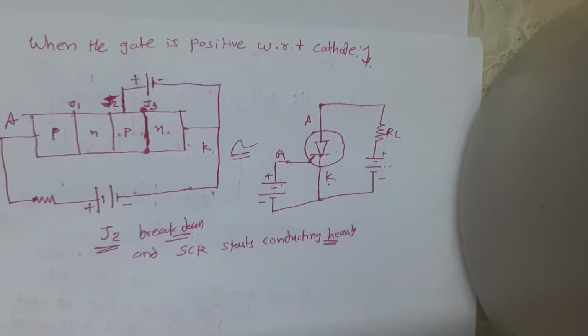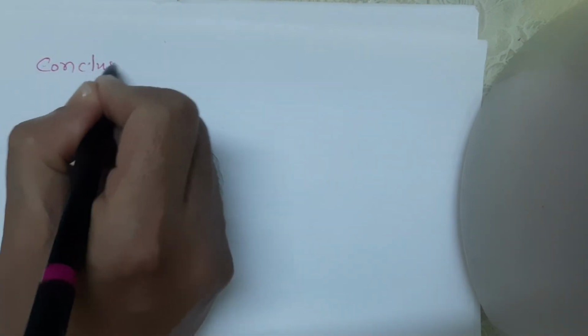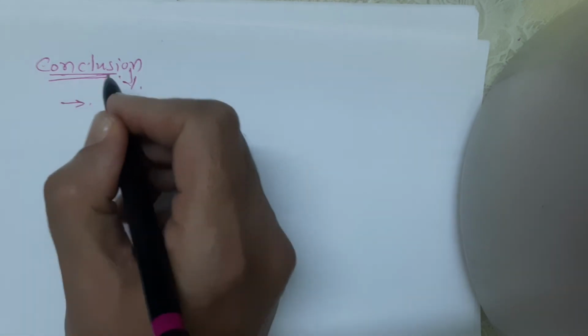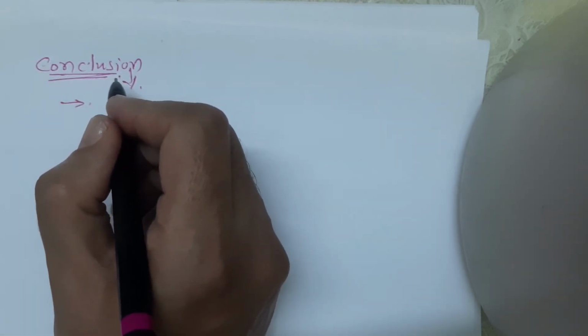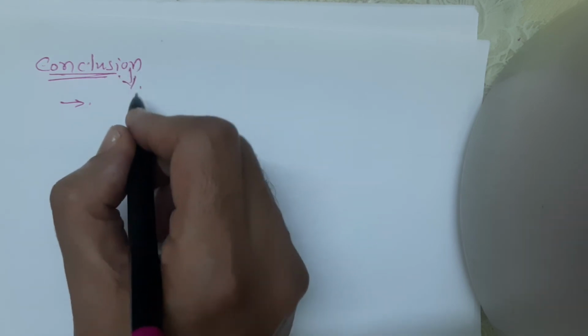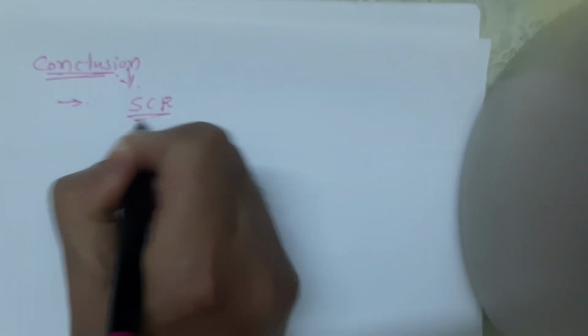Now what is the conclusion of this? First conclusion: an SCR has two states. Either it does not conduct or it conducts heavily.